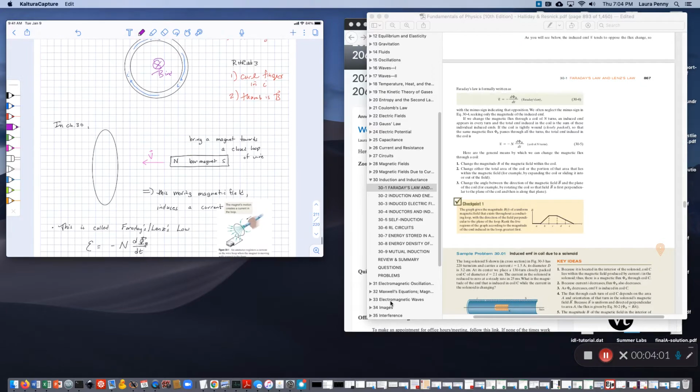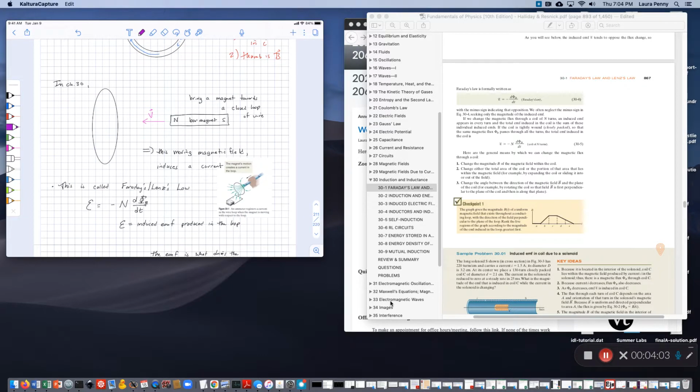All right, in chapter 30, what I'm basically going to tell you, and I admit you may not believe me, is that if you take just a coil of wire, in other words, it's a closed loop, so it's all connected, but there's no current in it, it's just a coil of wire. You took a wire and you put it around a circle and connected it. And you bring a bar magnet towards it.